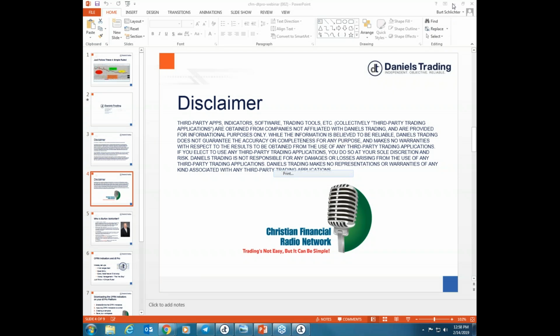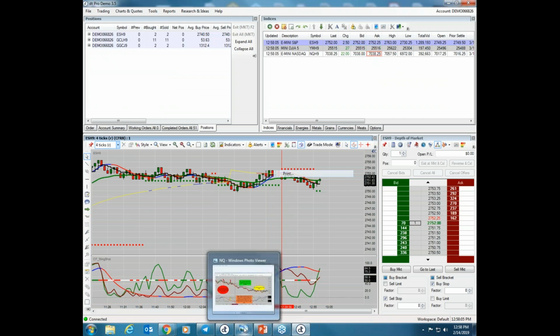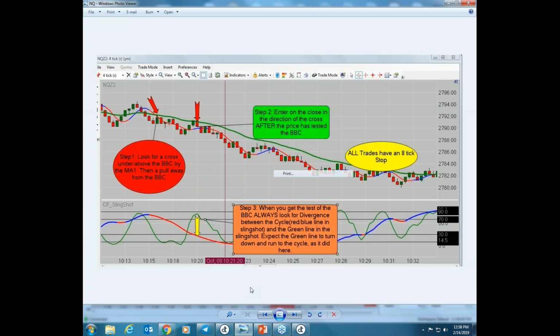It's almost 1:00, which is cool because then I'll get some time to really look at what's going on in the marketplace. But the second part of the presentation, like I said, is we're going to cut up what the trade setup is, and this is the traditional slingshot setup. It's been around from day one.